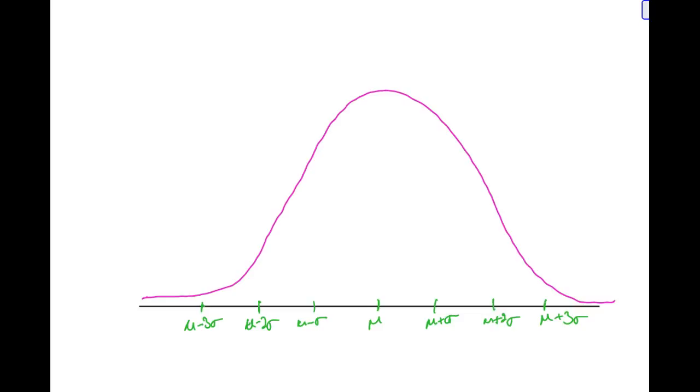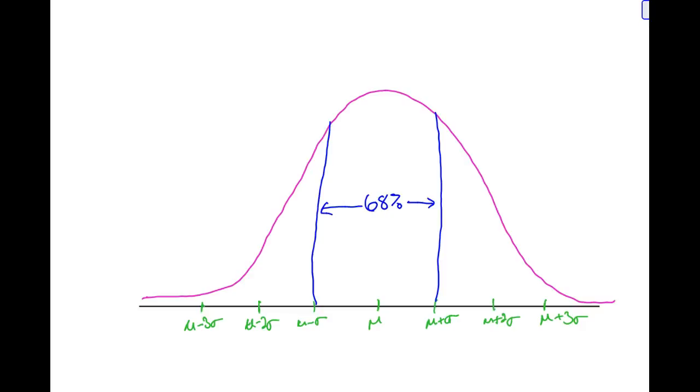So what the empirical rule tells us is that between this value and this value, 68% of our data will fall. So between these two values, 68% of our data.